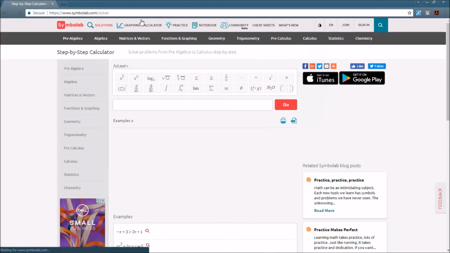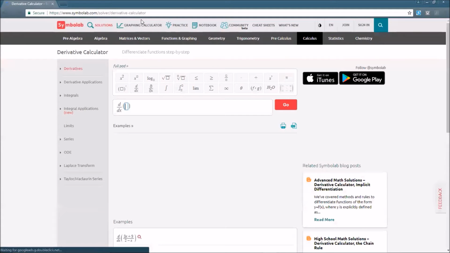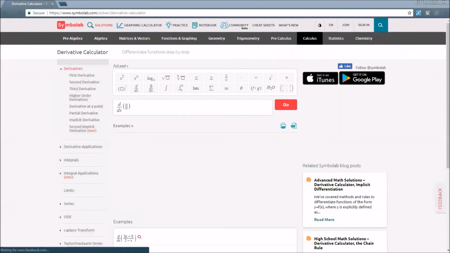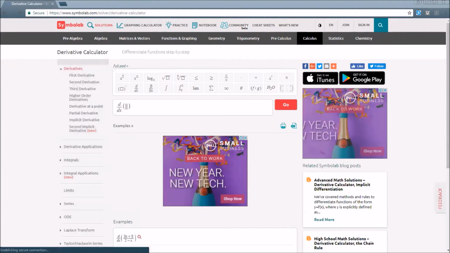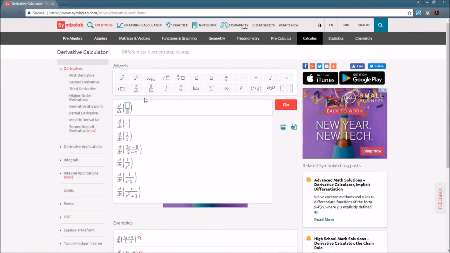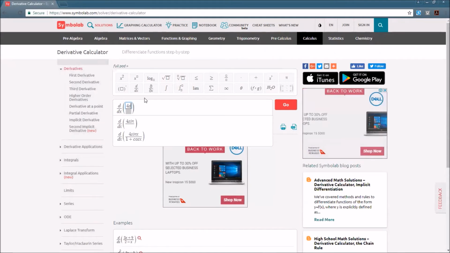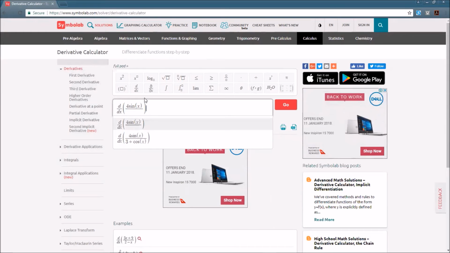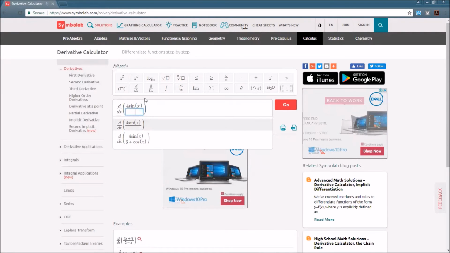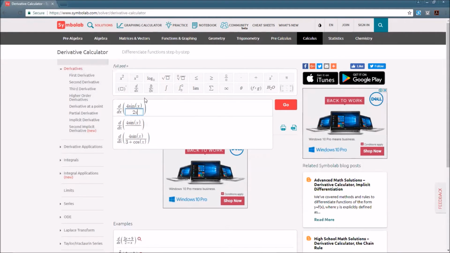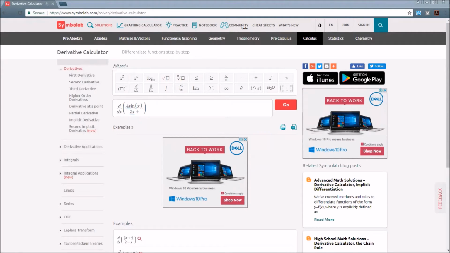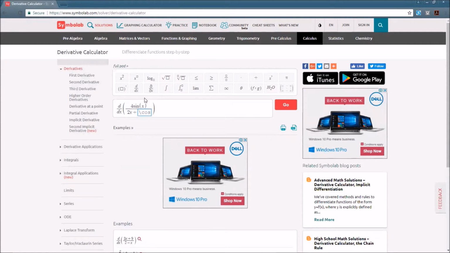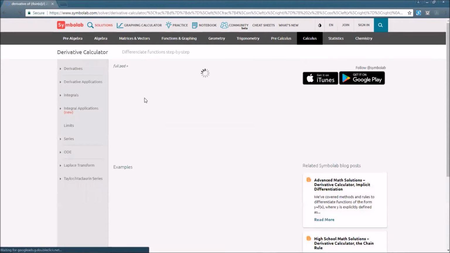Calculus, derivatives, dy dx. So 4 sine x over 2x plus cos x.